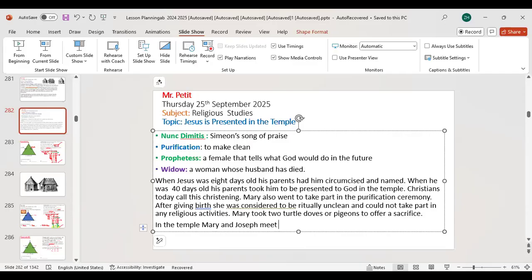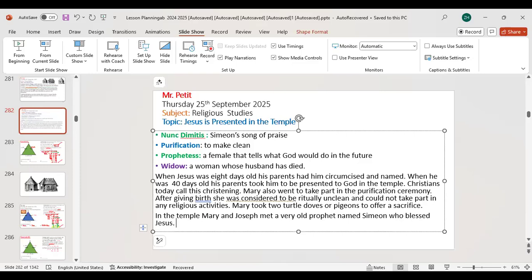They met a very old prophet named Simeon, who blessed Jesus.